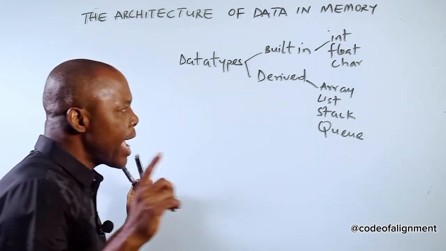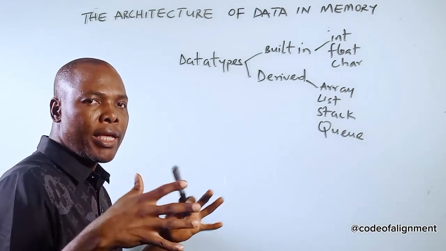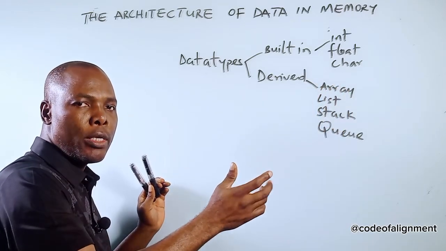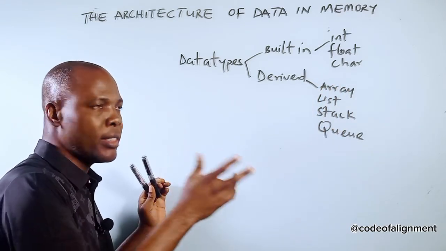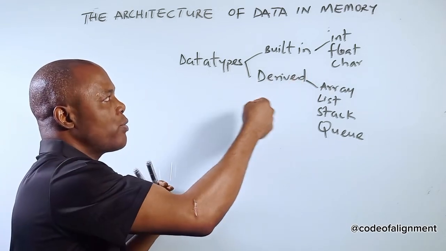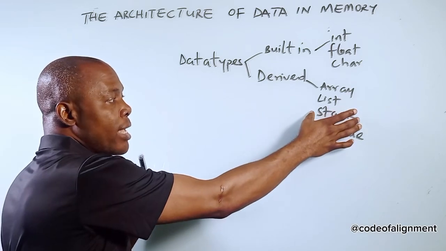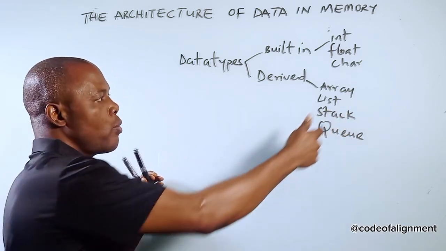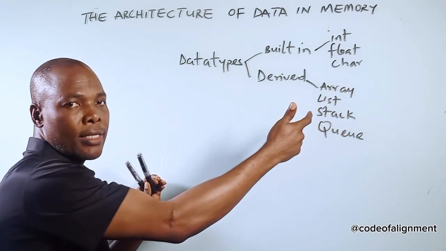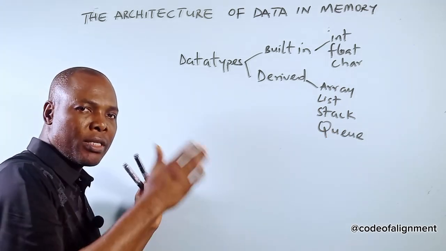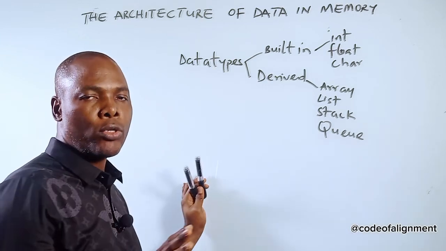But one that seems to have a leg on both sides is the array. In whichever perspective you are looking at it, an array can be classified as a data type and as a data structure. But when you look at a stack, which is actually derived from array and list, you are purely looking at a data structure.